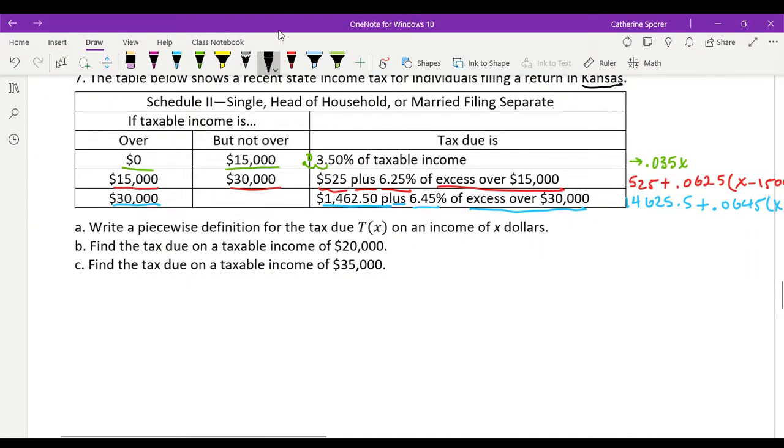Let's start setting up t of x, the piecewise function. It's going to have three parts defined by these areas of income. So first, the function is 0.035x when x is between 0 and $15,000.